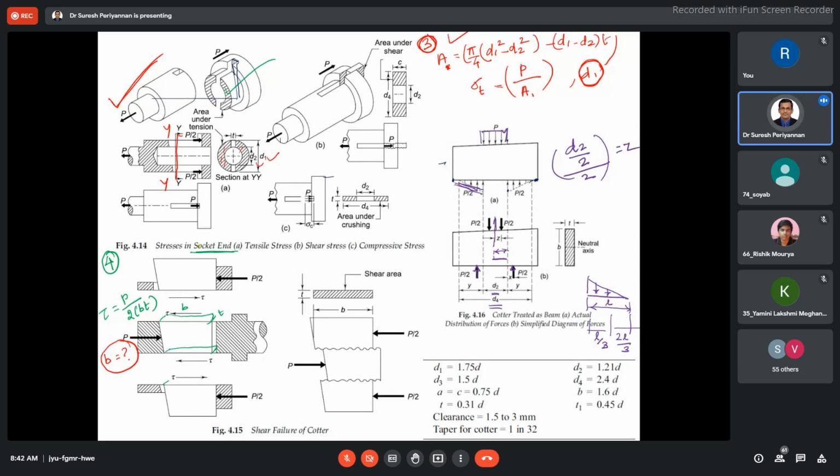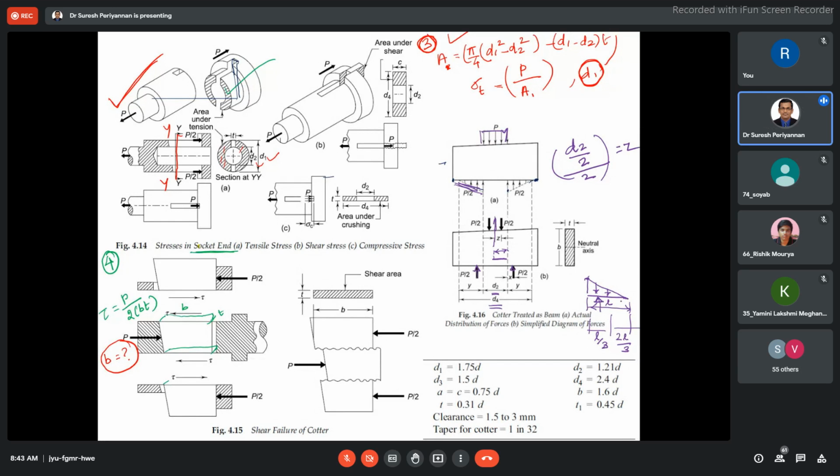When you studied bending moment and shear force calculations, you might have studied this. L by 3, because this is the maximum force side. This is the minimum force, 0. Then this side 2L by 3, this side L by 3. The summation of L by 3 plus 2L by 3 is the total length of the beam. Similarly, I'm considering X here, where the force is acting at L by 3 distance.